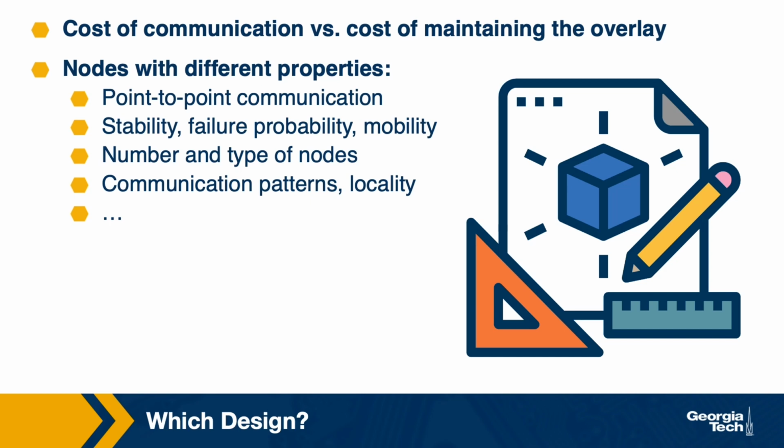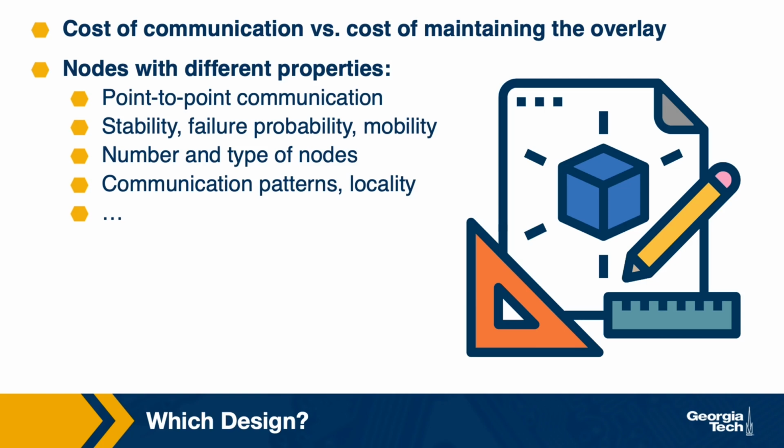So the design choice will also have some implications on the overheads that are associated with the system. So the cost that's associated with maintaining all the necessary state, of updating the state when there are nodes that are failing or joining the system or moving perhaps, and so forth.